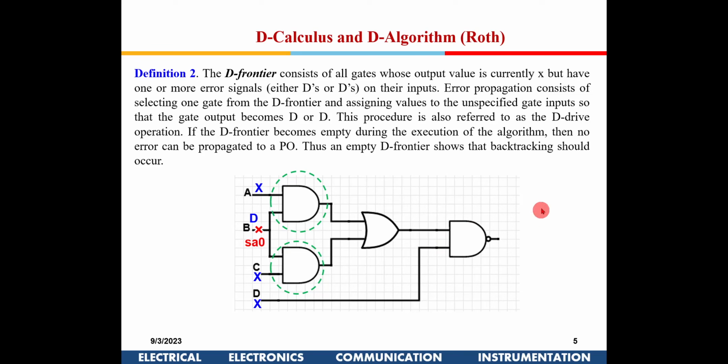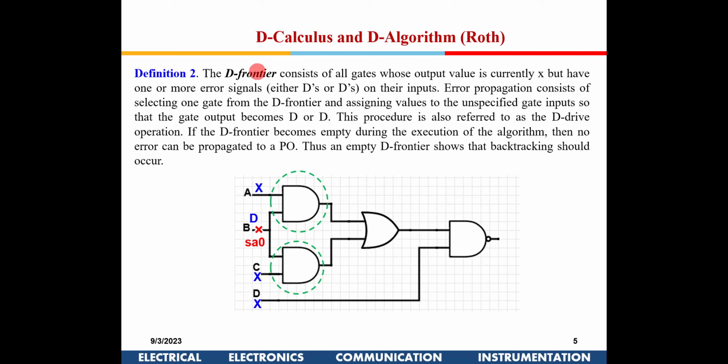So every net in the circuit is assigned some value, and you have another two sets, one known as the D-frontier, and the other set is the J-frontier. The data of these is continuously updated.